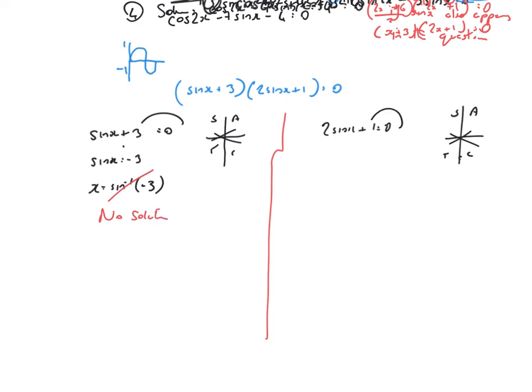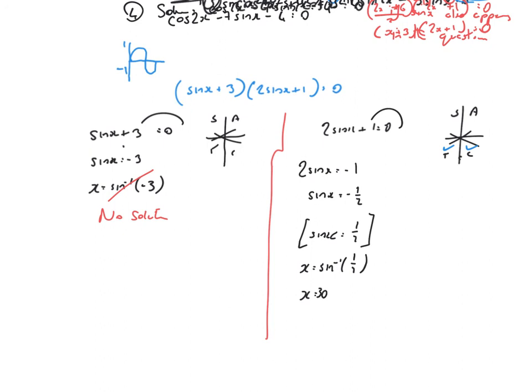Okay, let's come over here. 2 sin x equals minus 1 and sin x equals minus 1/2. Our routine then is to make that positive and to look not in the all and sine but the tan and cosine quadrants. So x equals sine inverse 1/2, and that is 30 degrees.